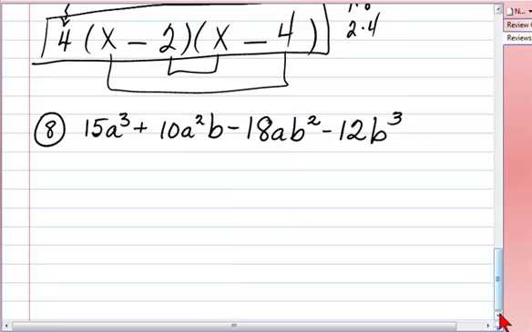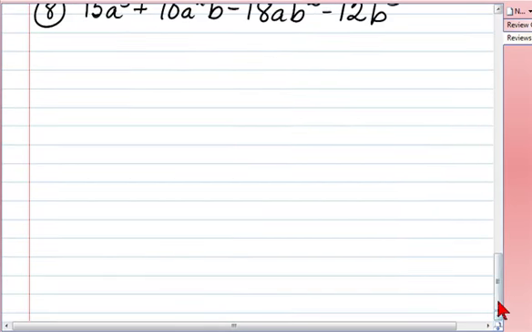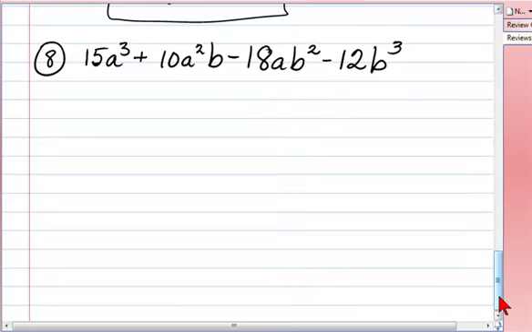And the first thing I think when I look at this is I start thinking about a common factor. I'm sorry I'm moving that around so much, trying to get it at the top. 15, 10, 18, and 12 do not share a common factor. They don't all have a's, and they don't all have b's. So there's not a common factor.